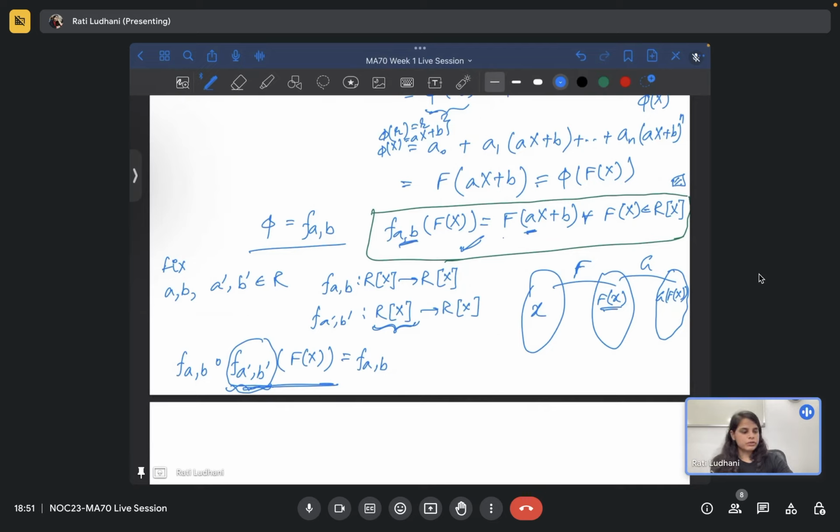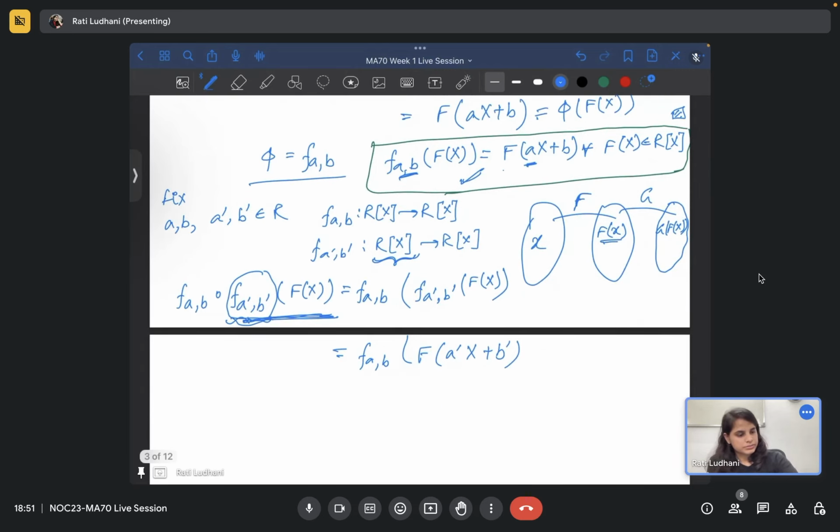So what will be the map? f_{a',b'}(x) will be what? Exactly, very good. So this will map to a'x + b'. So f of a'x + b'.